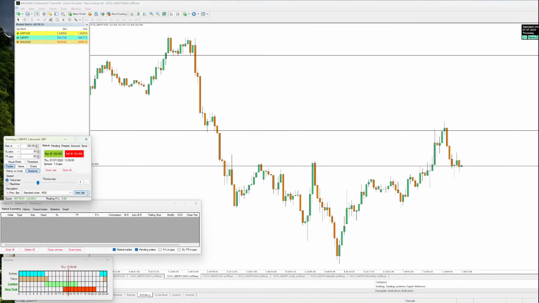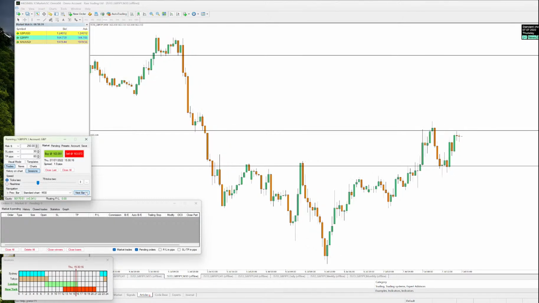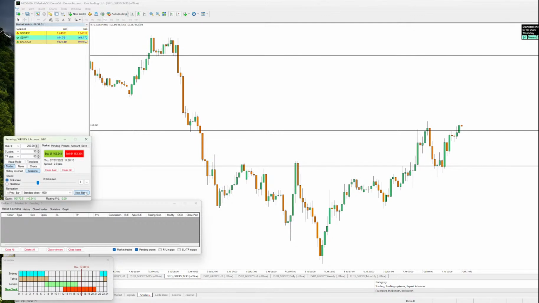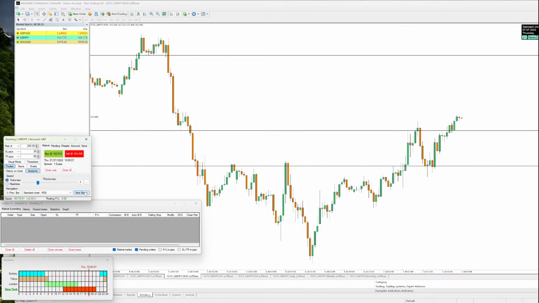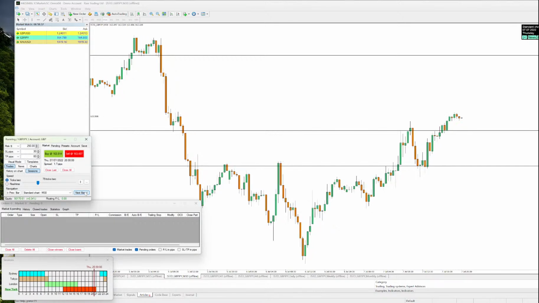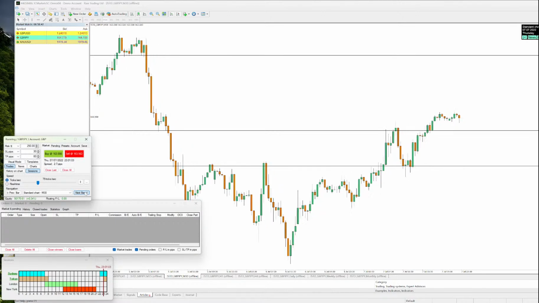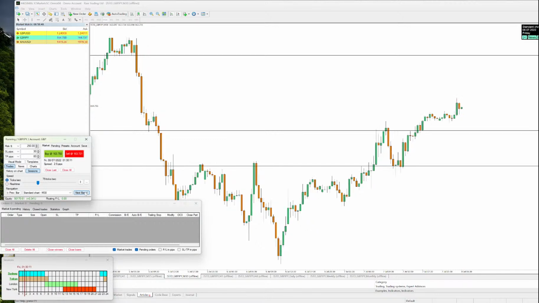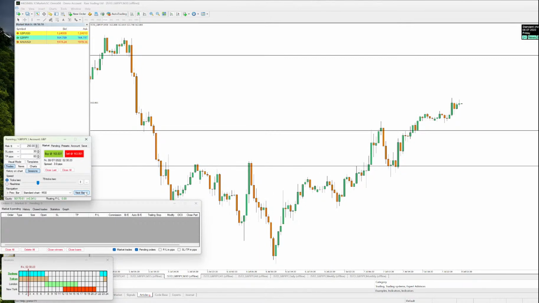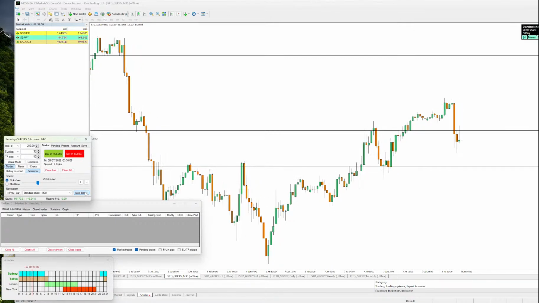And now we're finding support. Now we're cleaning inside the range, and now it's too late to trade for Thursday. So yeah, we're gonna continue now. Okay, nice. Oof, look at that.